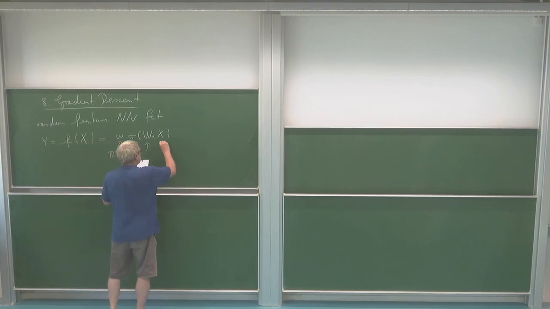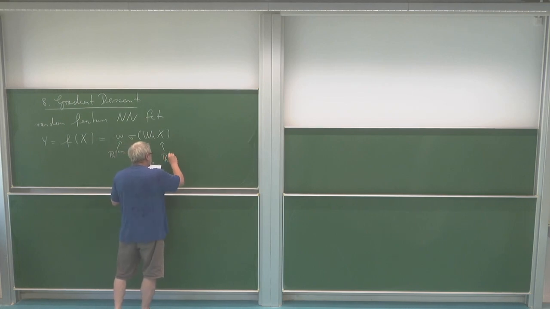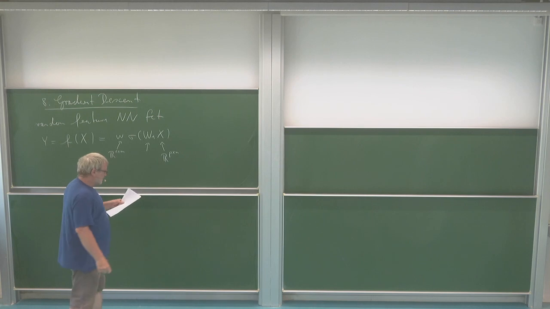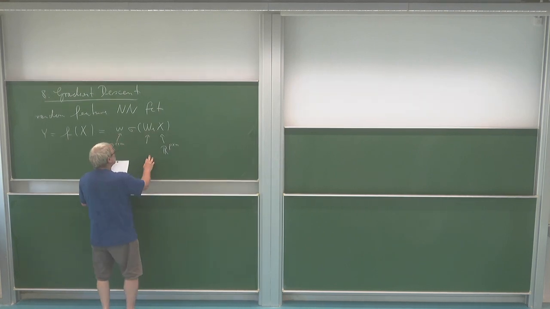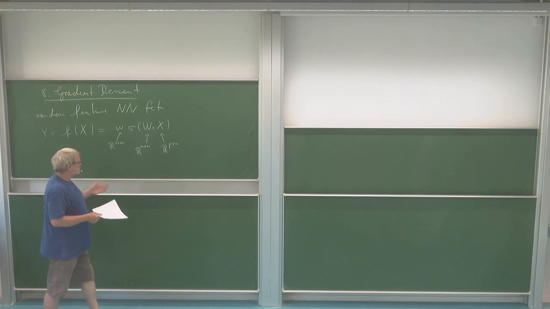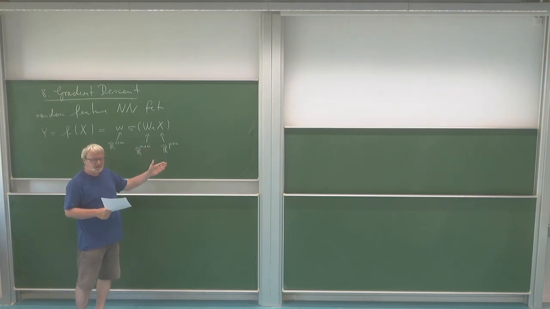My data matrix is in R^(p times n), so my data are p-dimensional and I have n of them. Then I have this weight matrix W1, which is in R^(m times p). So I'm calculating m features out of my data, but usually in a random way.